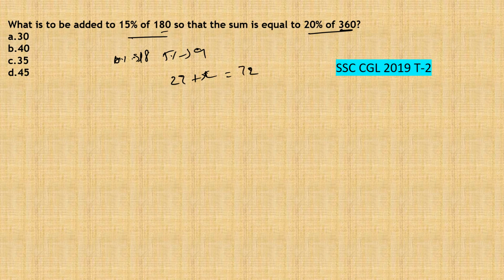We need to find the value of x, that is x equals 72 minus 27. We get 45 as the answer.